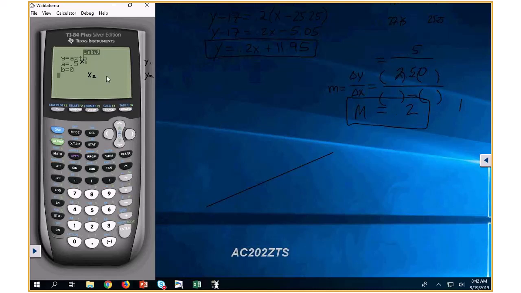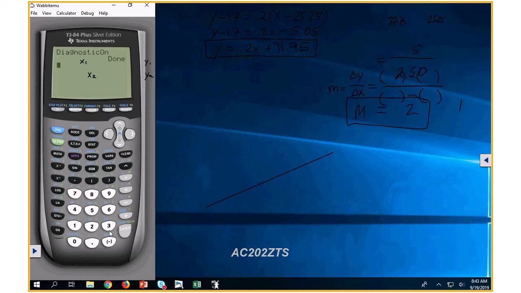Now, what else can I do? Well, I always have trouble finding it. Okay, go to Catalog, Second, Catalog, and go down to the D's, to Diagnostic, and turn the diagnostic on and hit enter.